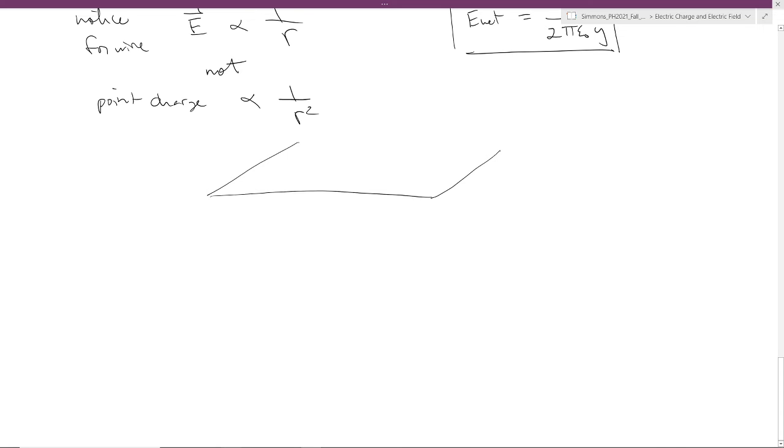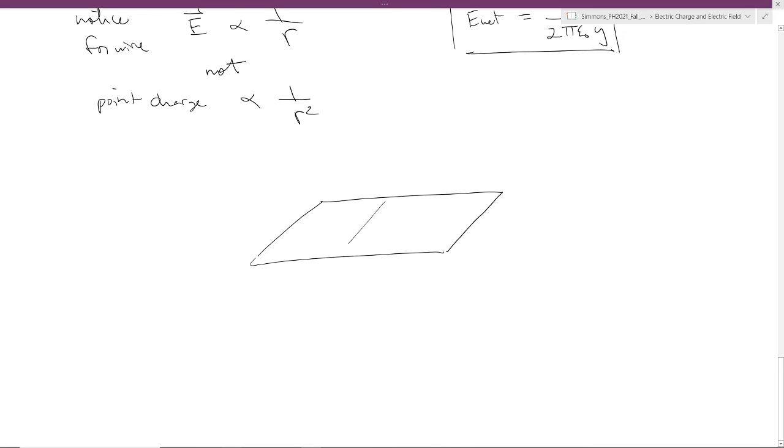Actually, let me give myself some more room here. Now, instead of a wire, imagine a plane. Kind of the same situation. Imagine your coordinate system x and y, and we want to know what the electric field is doing above this plane. This will be z.